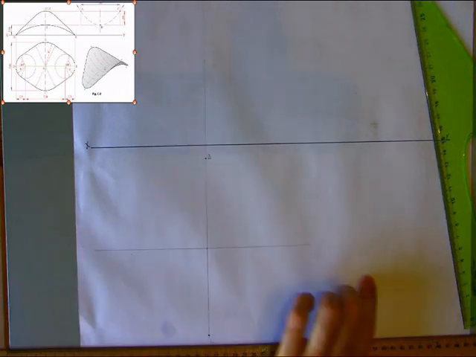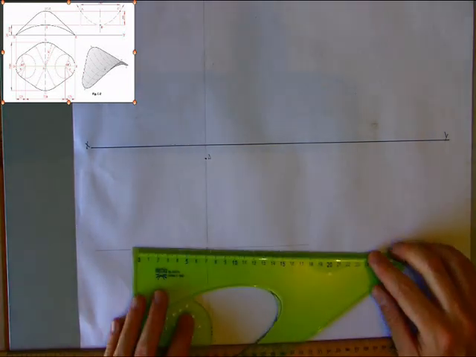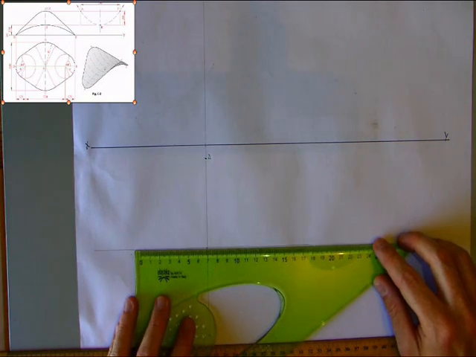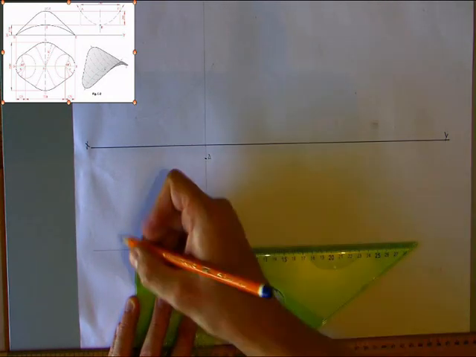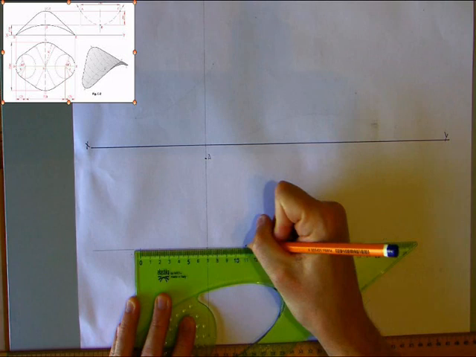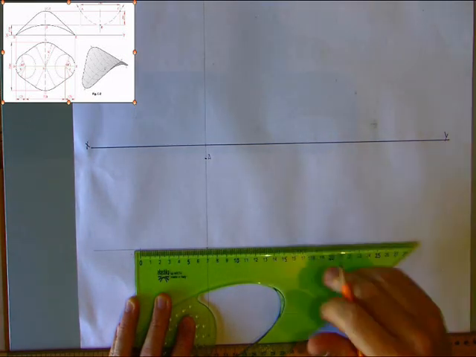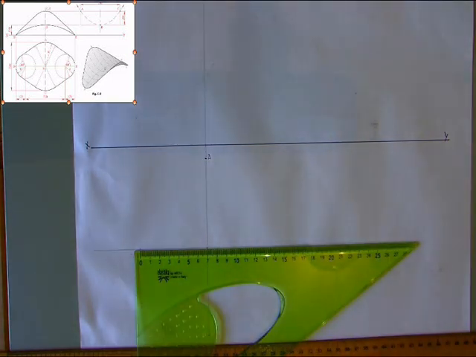Okay, we have our middle line here where we're going to get D and E. So again, I will mark off those measurements. We have a 700 to start with, and then we have 175 on either side. So 175 divided by 5 equals 35 millimeters.